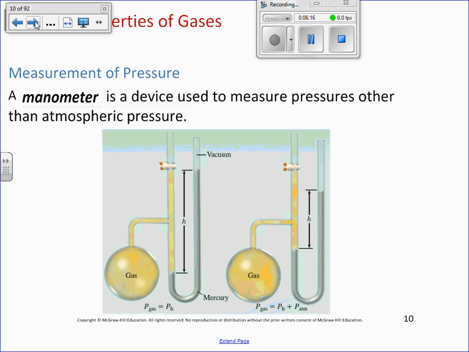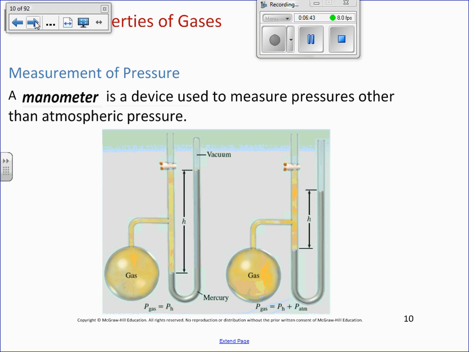Here on the left, we have a system which is sealed, and there's a gas in the flask on the left, and we seal off the system. So the gas comes in and pushes down on the mercury and pushes up. So the difference between the mercury level on the left and the right, the height, is from the pressure of the gas.